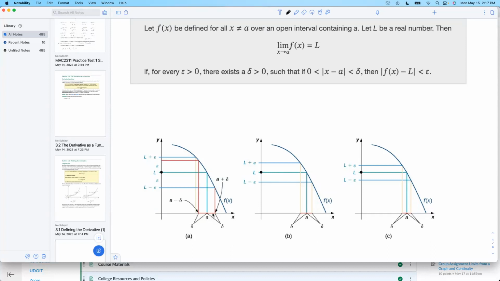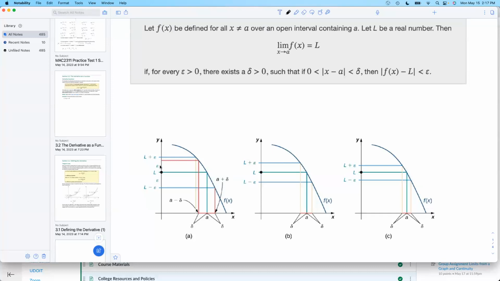What's supposed to happen is any of the x values that live in this window, a distance delta or less away from a, their y value will end up being close to L. How close? Within epsilon.